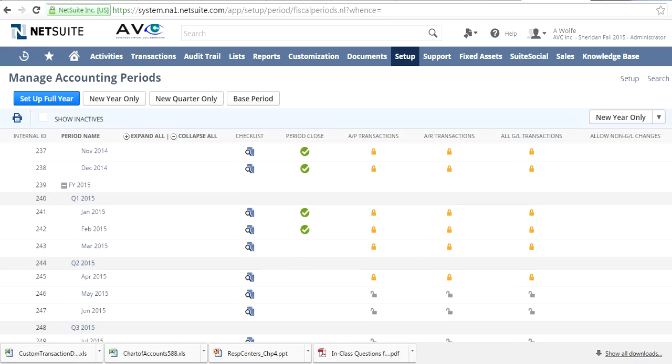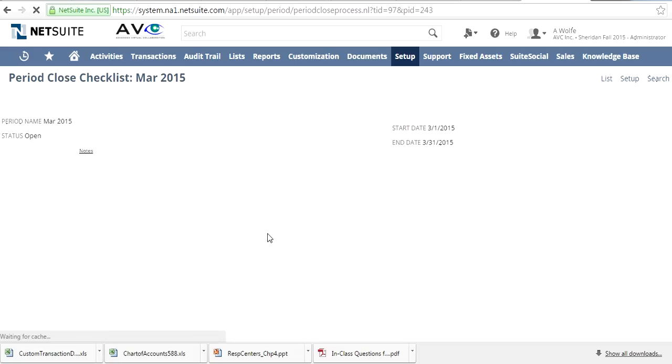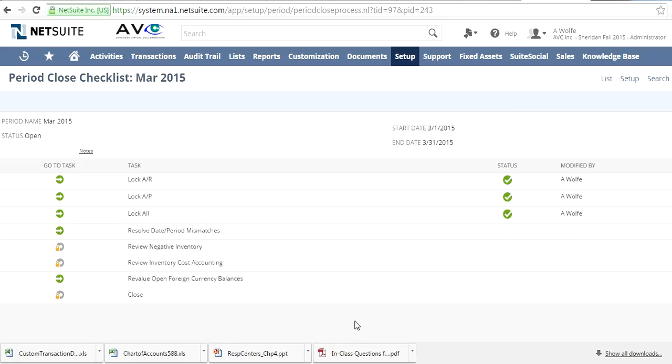So that's a wonderful internal control that NetSuite offers, so that you know that if there is a variance, you are going to take a look at it and clear out that variance, and then you're going to be able to lock your accounts payable and your accounts receivable. It's a great built-in step that NetSuite offers.